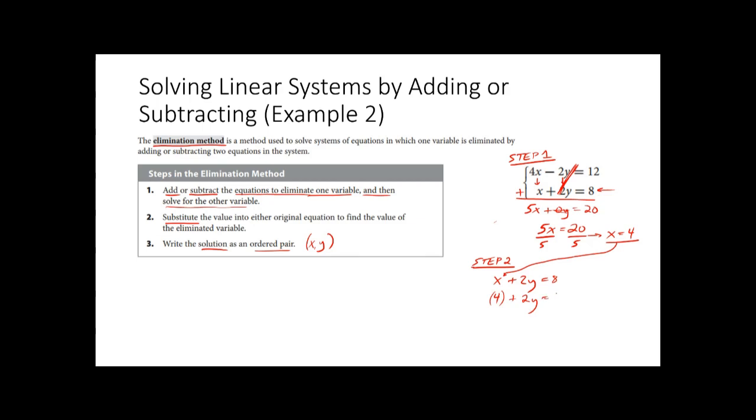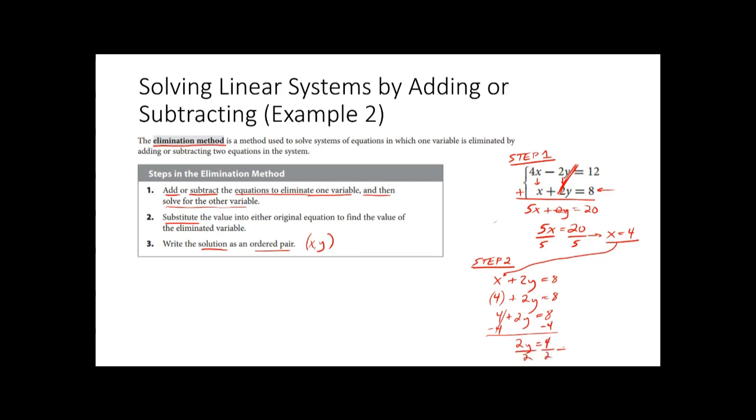All right, 2y equals 8. So all we have is really just 4 plus 2y equaling 8. And let's isolate our variable y so we can solve for it. Okay, so let's get rid of the positive 4 with a minus 4. Okay, properties of equality. And then we have 2y equaling 8 minus 4, which is really just 4. Division property.